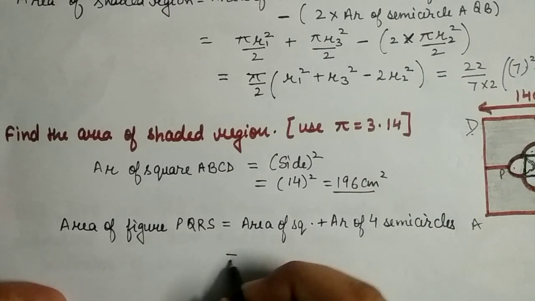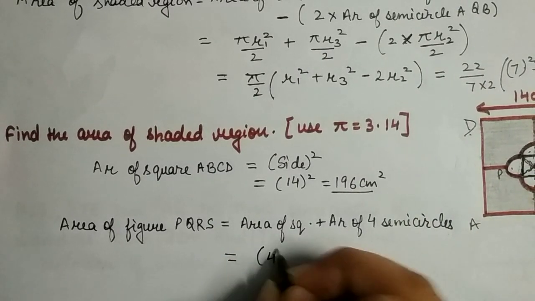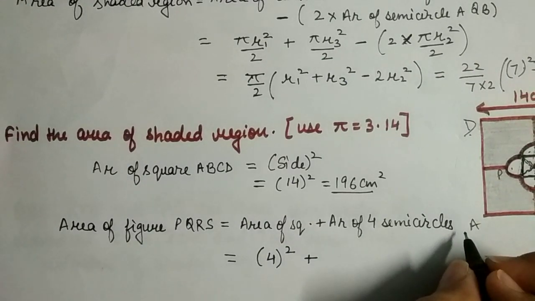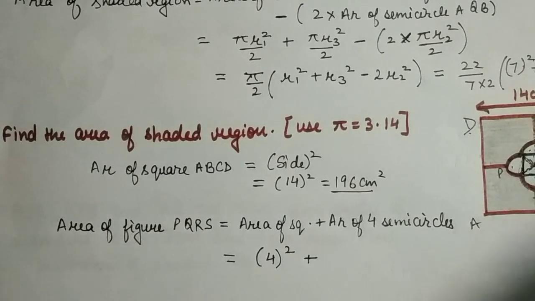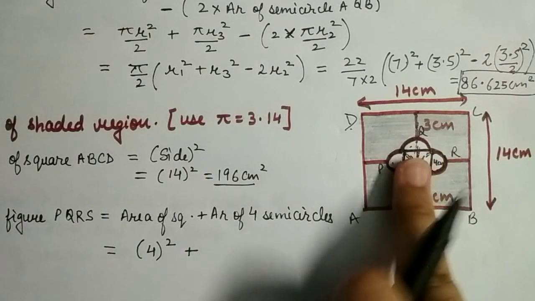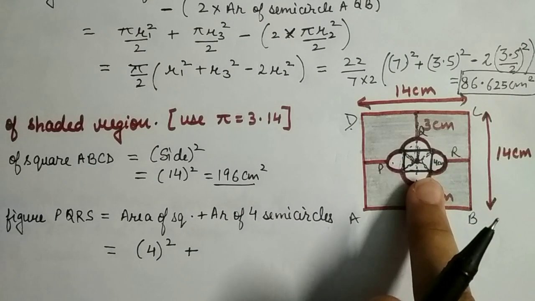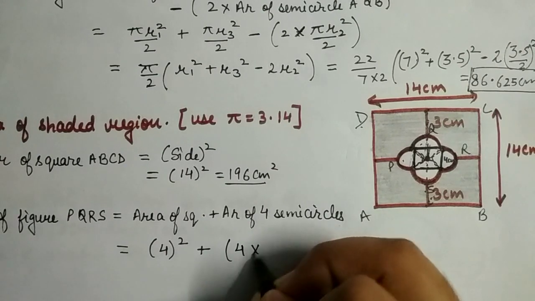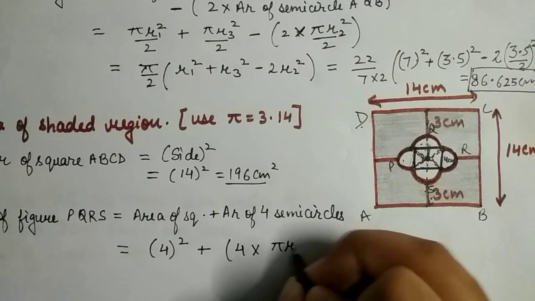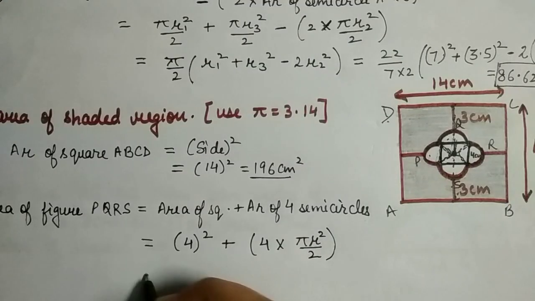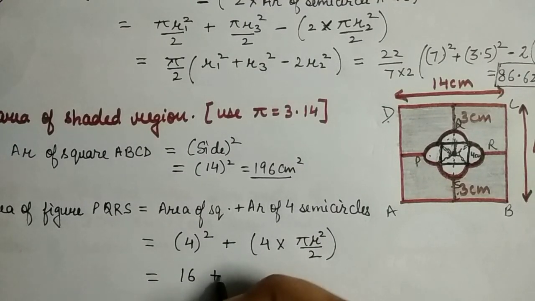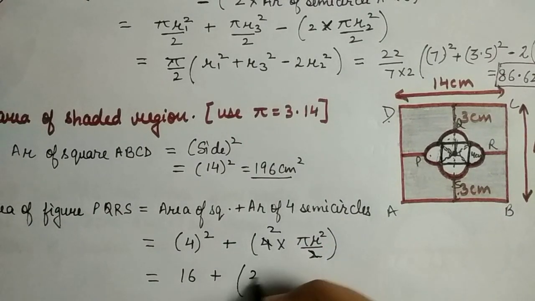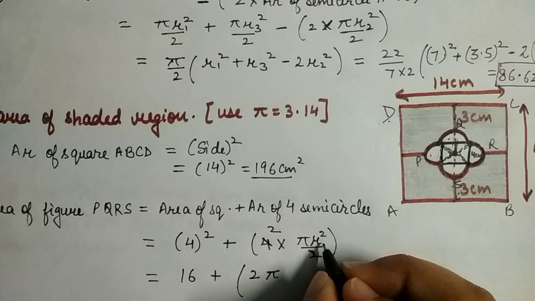Okay, so what is the area of square? Square of the side, that is 4 square, plus area of these 4 semicircles. These 4 semicircles are having the same diameter, that is they will have the same radius. So we will find out area of one semicircle and multiply it with 4. So 4 into pi r square by 2. Okay, so it is 16 plus, we will cancel this, so it is 2 pi, what is r?